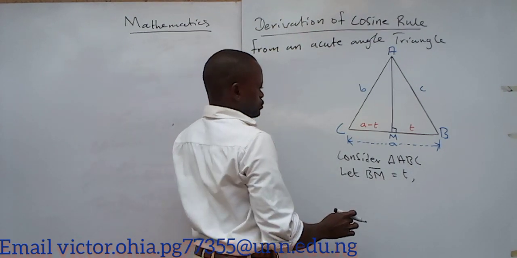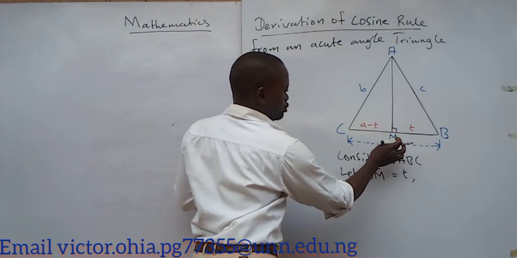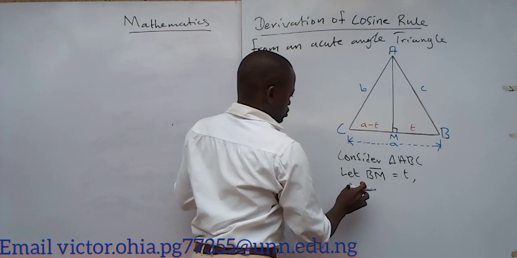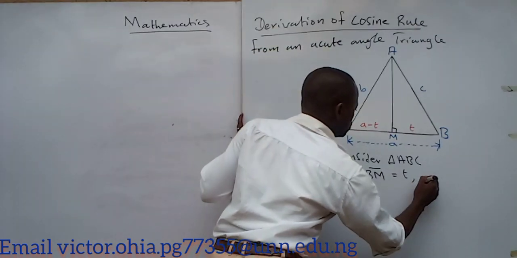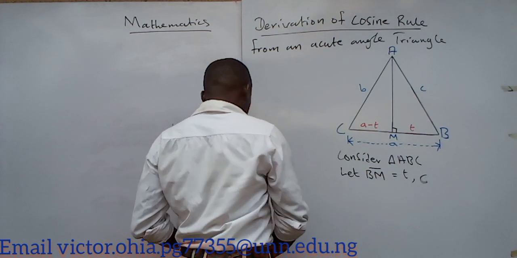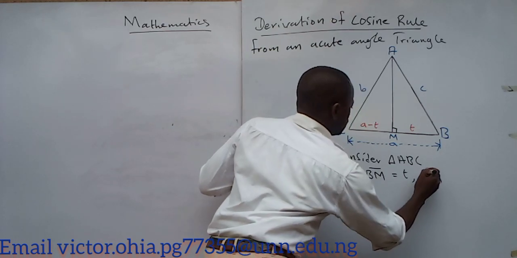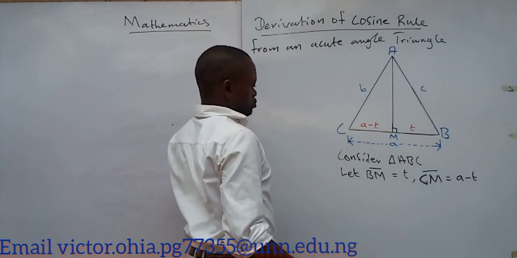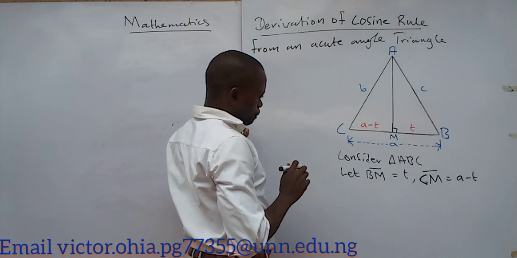It will be the whole of this minus this part. So if we say let this be T, then CM will be equal to A minus T.